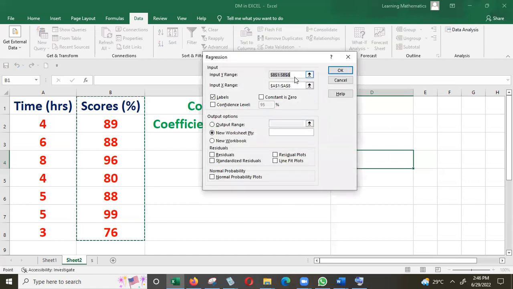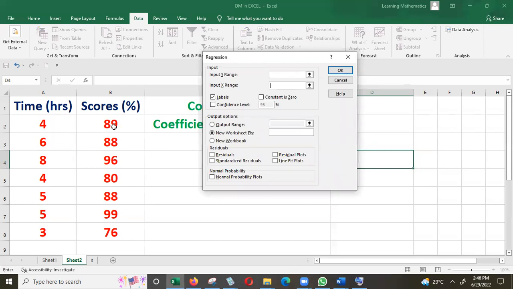So Excel is asking us which set of values are the Y values, the dependent variable. Here, score will be the dependent variable because it appears that the score depends on the time that you studied. That's one of the factors affecting score: the time spent practicing.